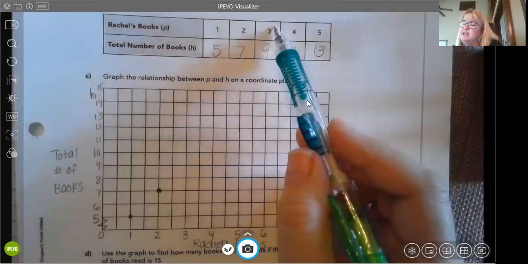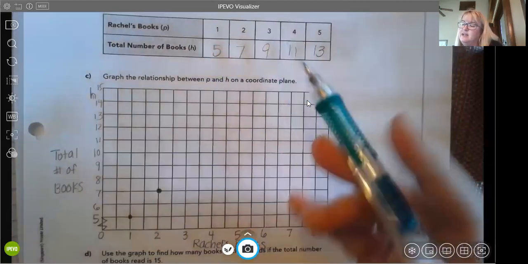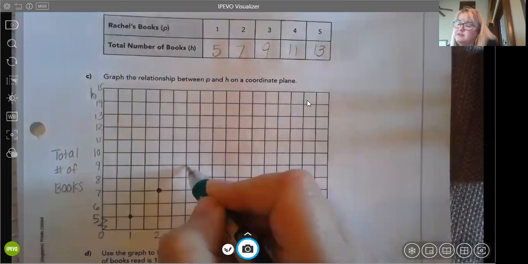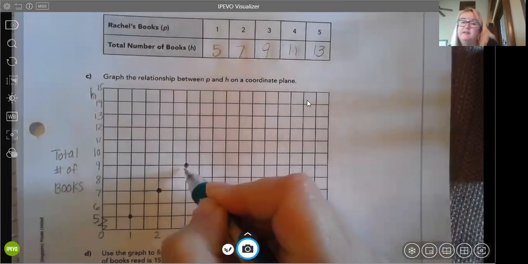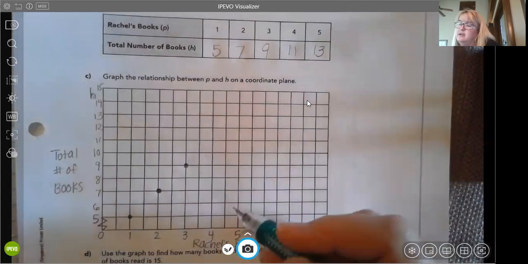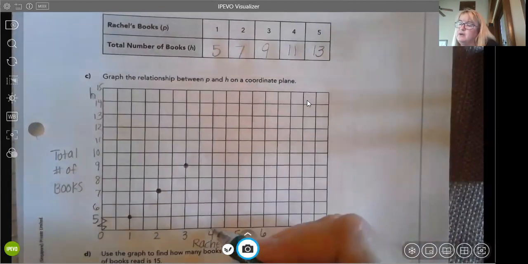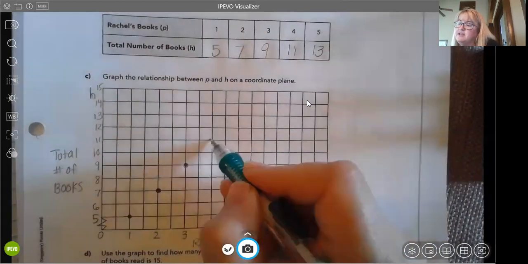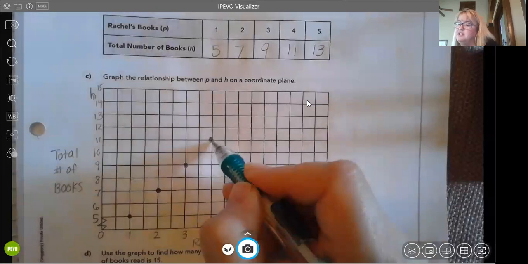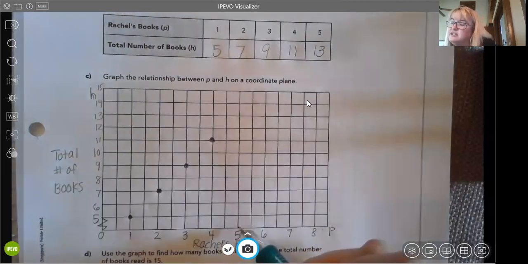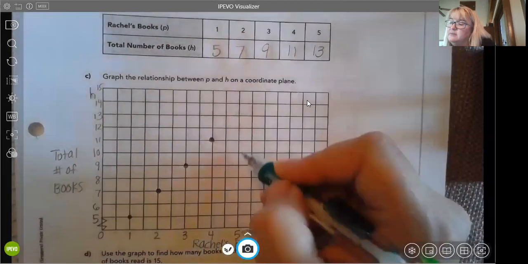When P is 3, H is 9. 3 and 9 is here. When P is 4, H is 11. Here's 4, go up. Here's 11. So this is where they meet. And you can see a pattern establishing here. When P is 5, H is 13. There.